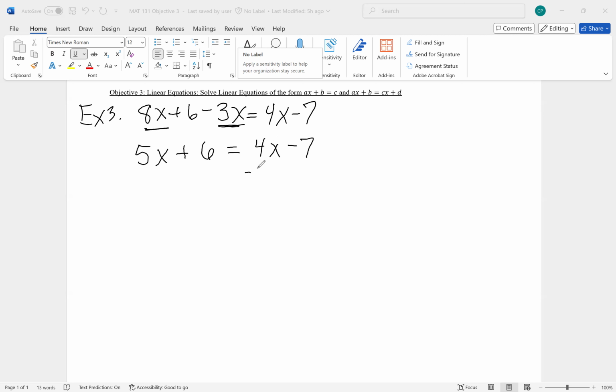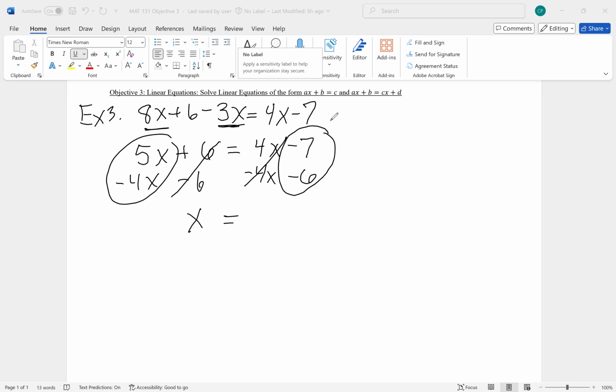So if we subtract 4x from both sides, okay, and subtract 6 from both sides, we will be left with, on the left side, 5x minus 4x, which is just x. And on the right side, we got negative 7 and negative 6.